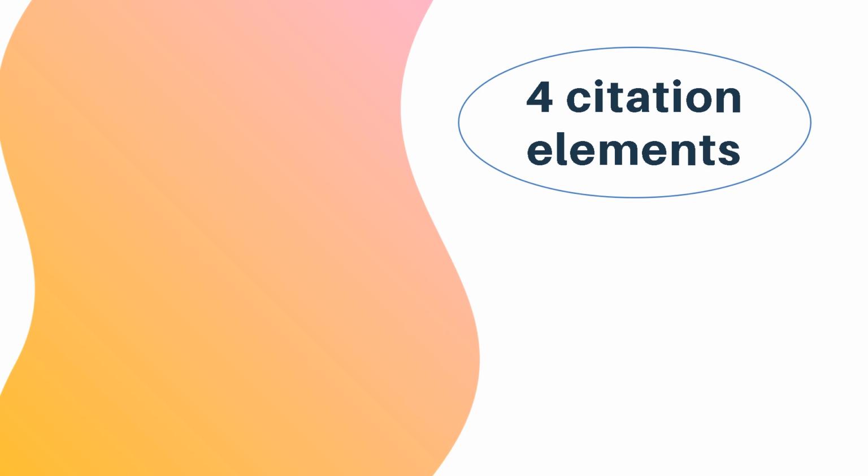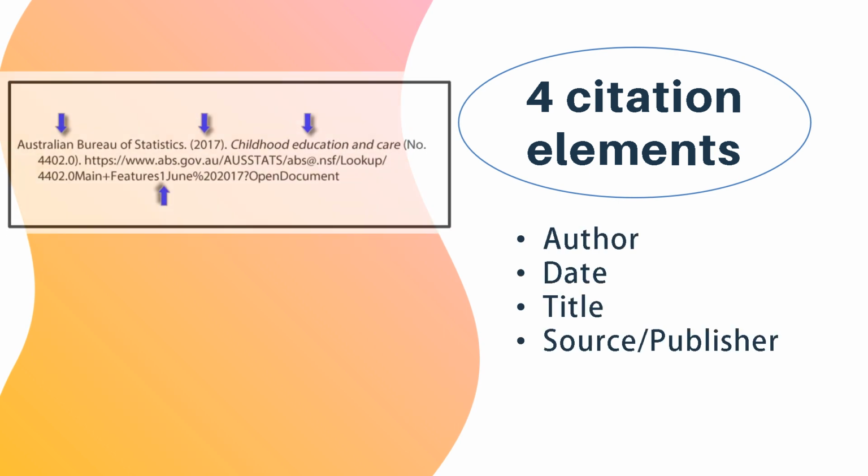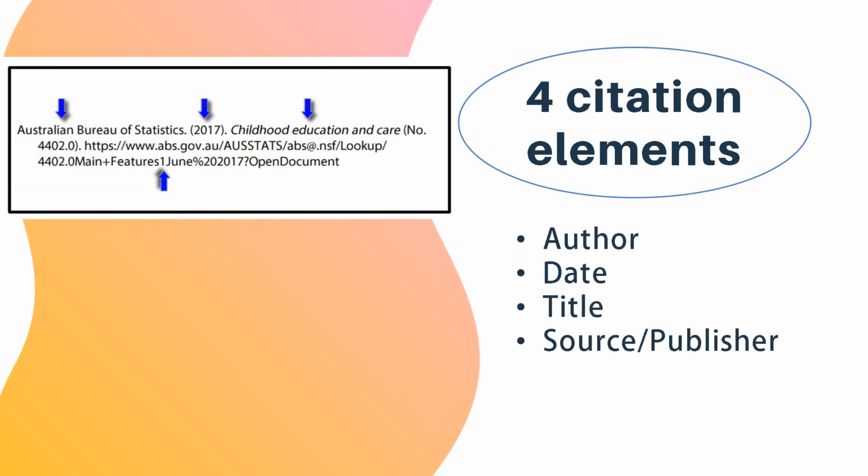Accordingly, there are 4 citation elements that should be present in your entries. One is the author, the one who crafted or created the work. Two is the date, the specific period of the time the source was made.